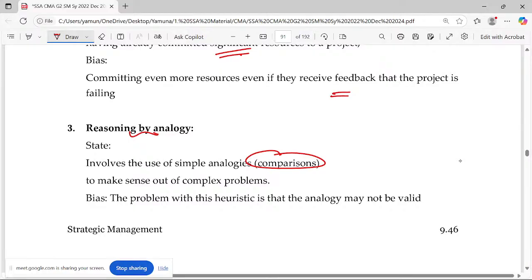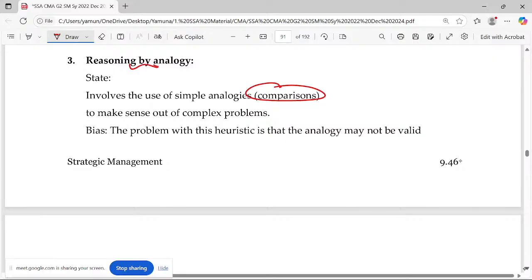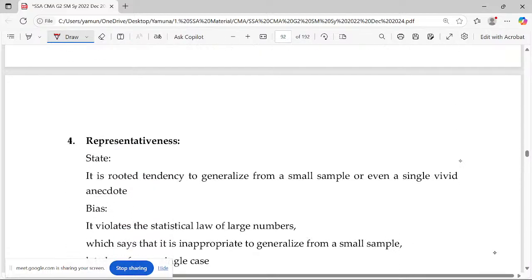You face a problem, you check how that can be done. If that problem cannot be corrected or proceeded further, you just leave it off. So you make a comparison and decide whether to select or leave it. And representativeness: you take a sample and check whether it's working.